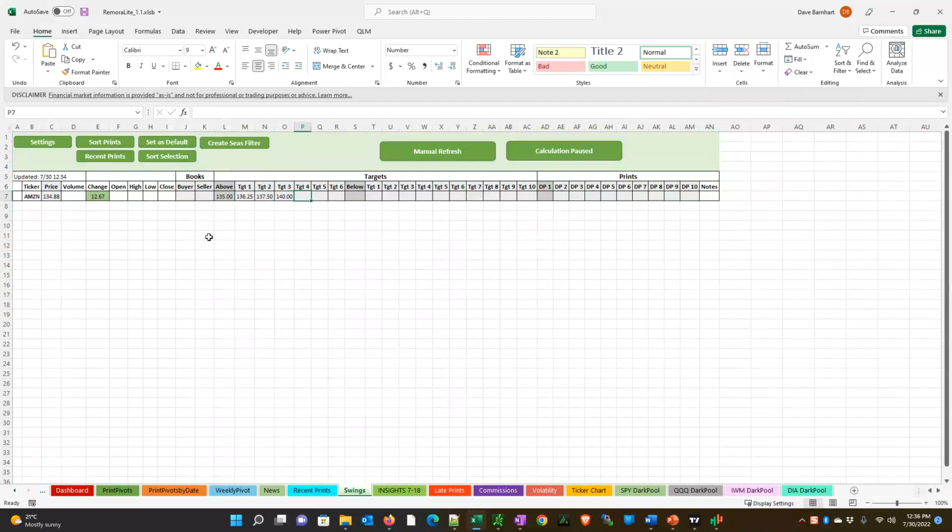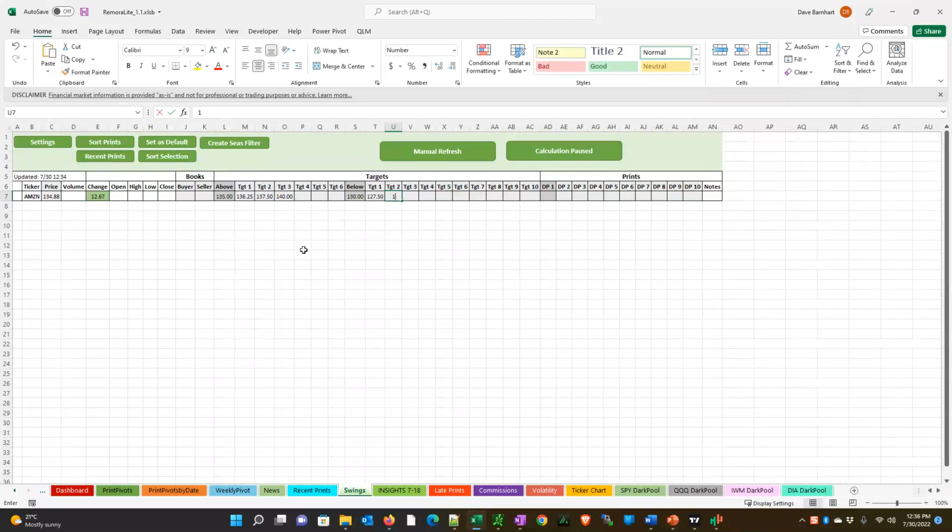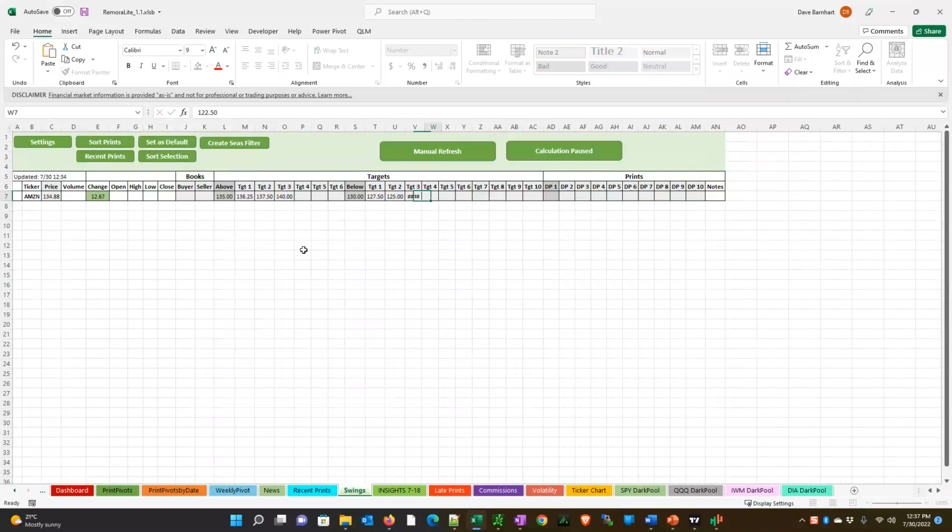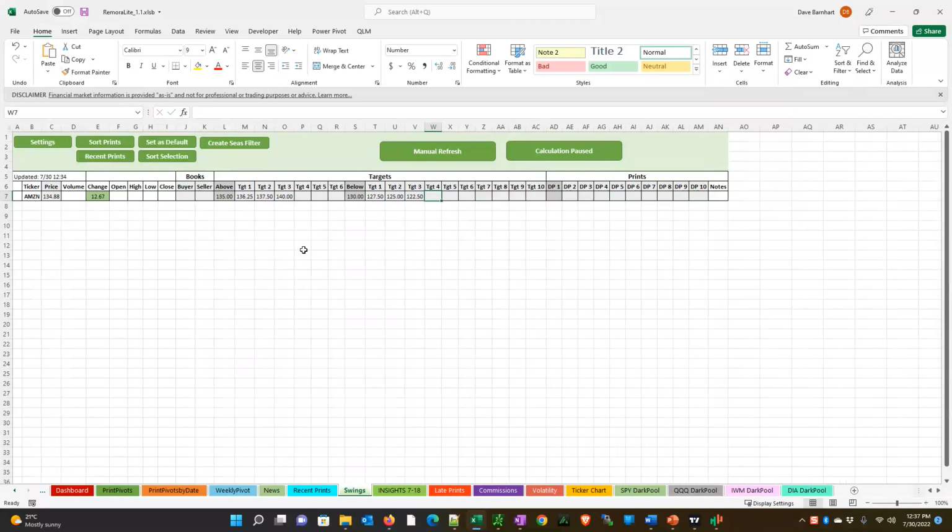This would be our plan. I haven't looked at a chart, but even if it was a swing, we could say we're bullish above 135, a major dollar level. Or if Amazon comes back and breaks below, say, 130, we would have our targets there, right?